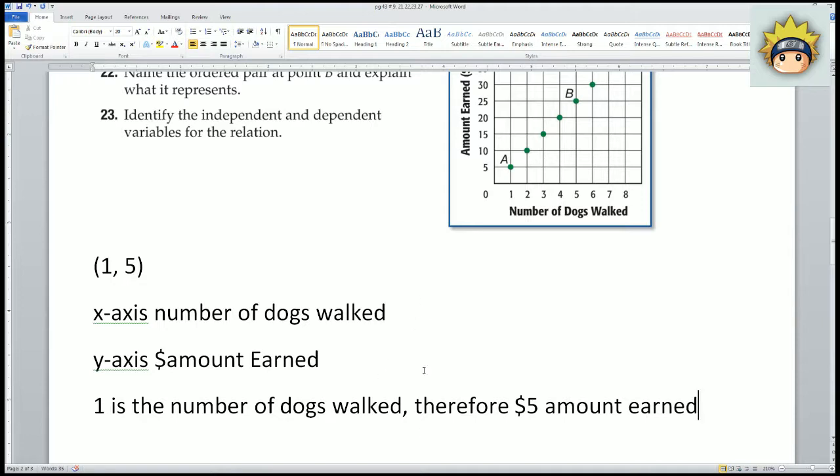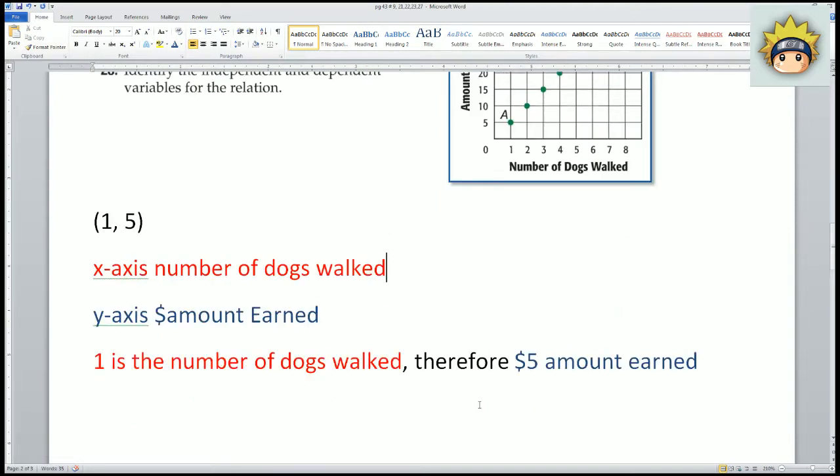See how I just plug in the x-axis value for the x-axis, and for the y-axis I use the y-axis amount. It always follows this format. I use the word therefore because the output relies on the input. This is the independent variable, and this is the dependent variable.